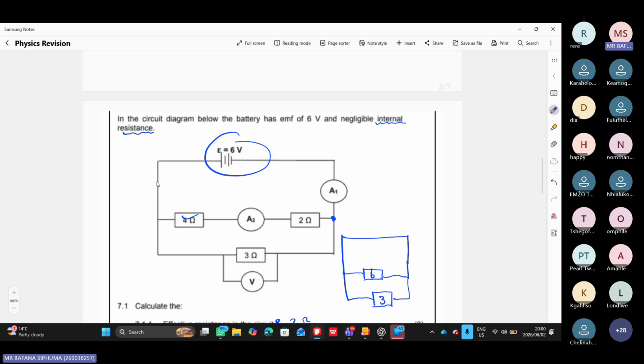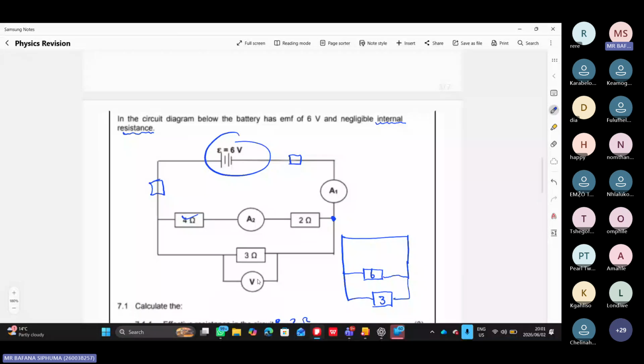Because this is a parallel circuit and we don't have a resistor in series, the EMF is equal to the voltage of the parallel combination.